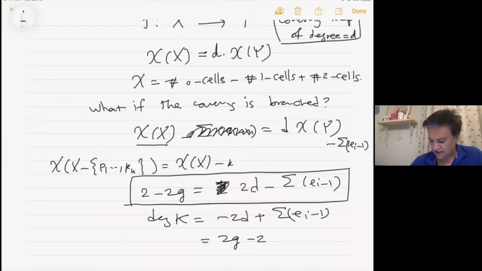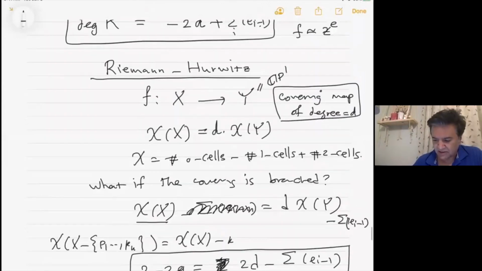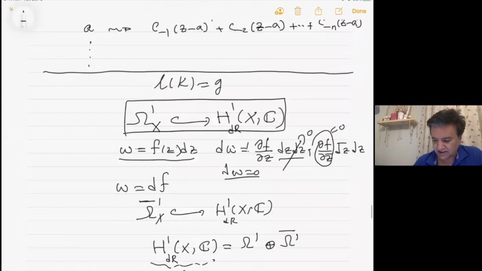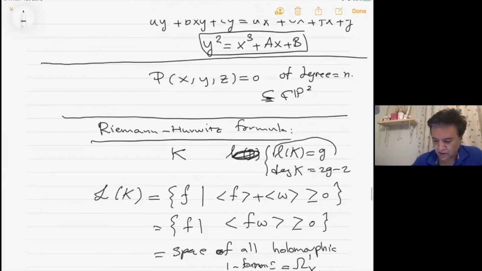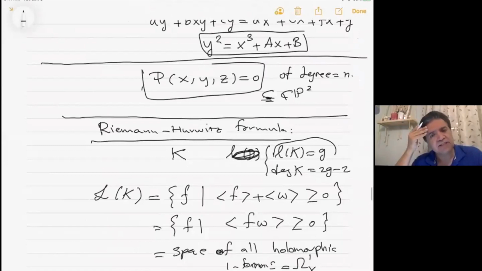In fact, for an algebraic curve given by an equation like P of x, y, and z equals 0, one can try to write down an explicit holomorphic or meromorphic one-form on X and find what the degree of this explicit meromorphic one-form is, 2g minus 2 that way.